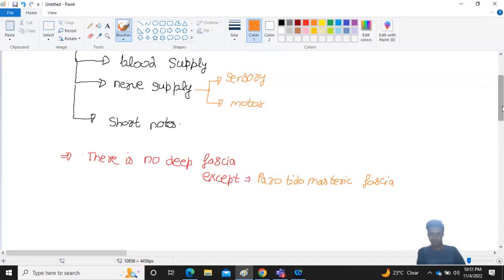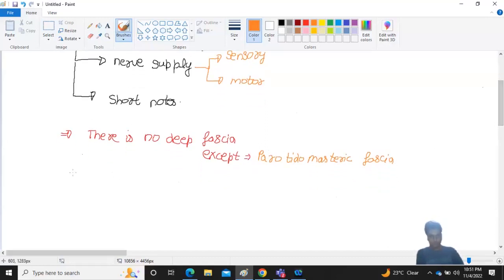Then all muscles of face. First, muscles of face.